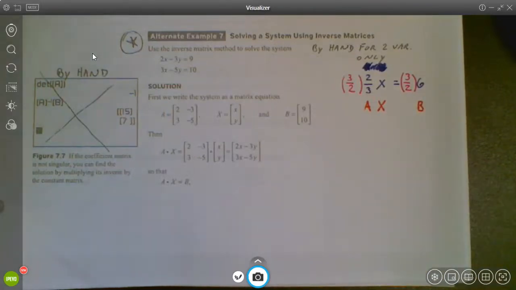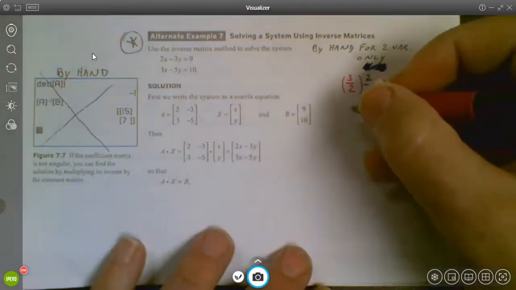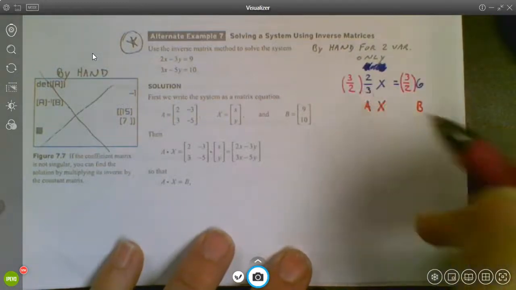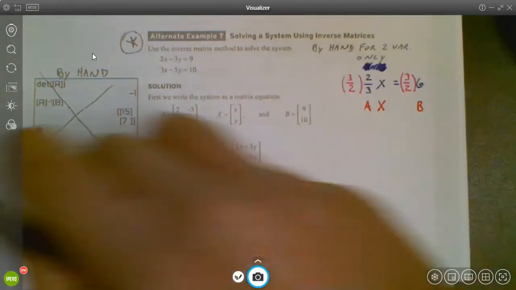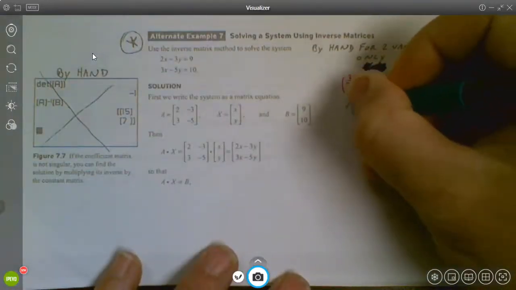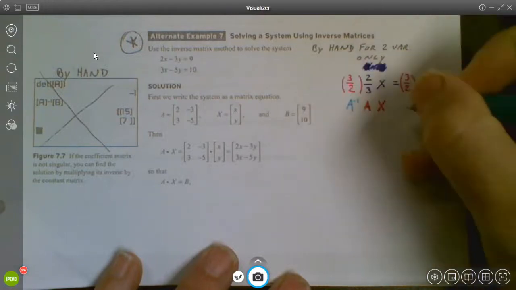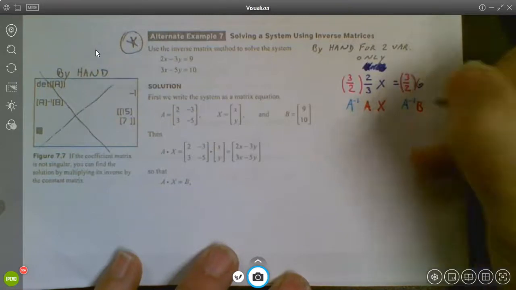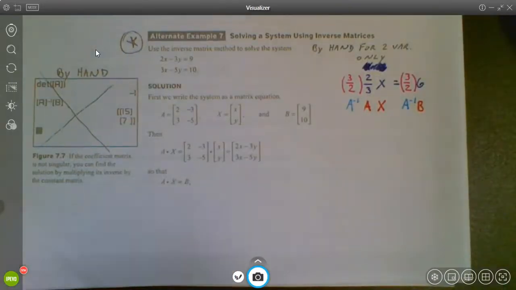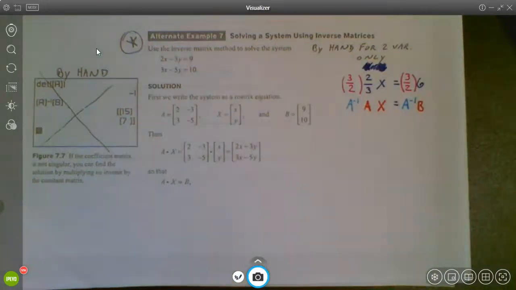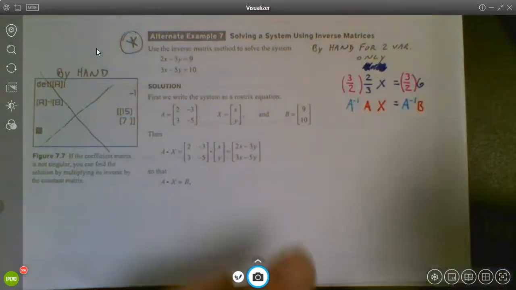So when we went through this process, how did we solve it? Well, we multiplied both sides of the equation by the inverse of matrix A. We get all colorful on you guys today. So I'm multiplying both sides by the inverse of A. As you may have noticed, there is a certain order to this.